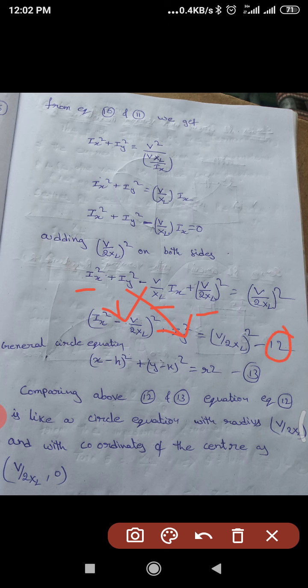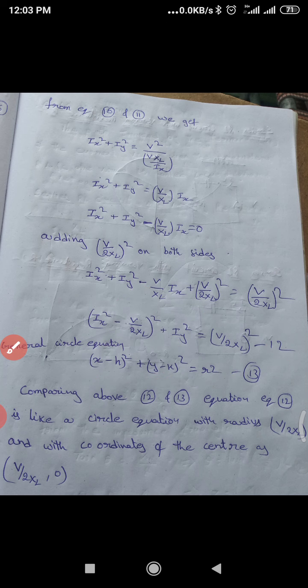If you compare this with the generalized circle equation, x minus h whole square plus y minus k whole square is equal to r square, by comparing the above two equations, we conclude that the radius of the given path is V by 2XL and the center of this circle is V by 2XL comma 0.